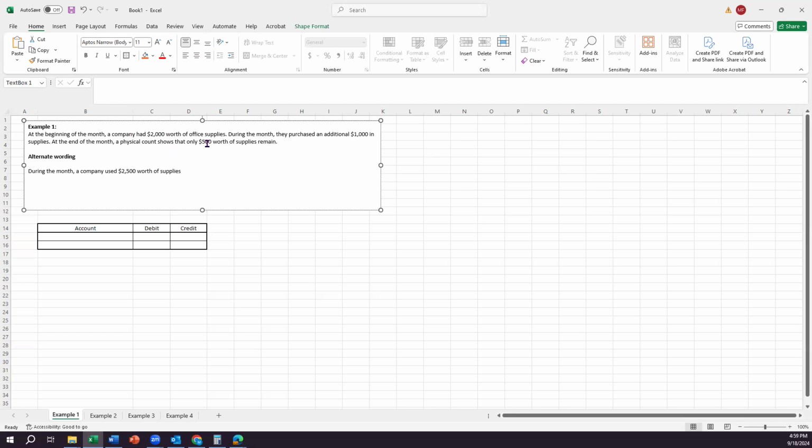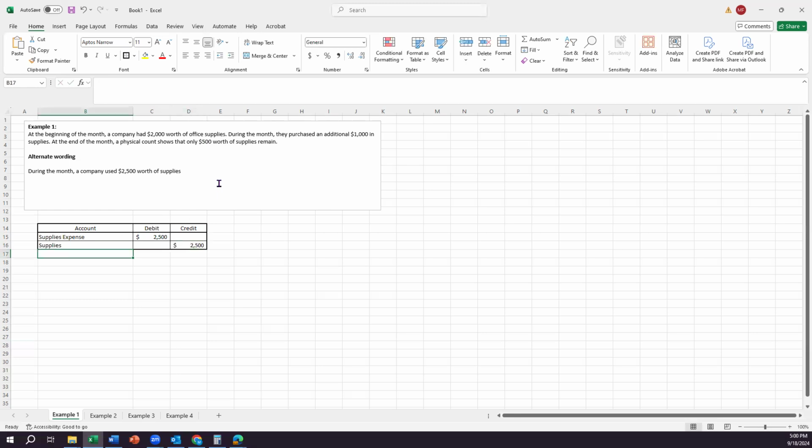So if we say 3,000 available minus 500 left, we must have used up $2,500 worth of supplies. So then we do our adjusting entry. We do a debit to supplies expense of 2,500, and we would do a credit to supplies, the asset, for 2,500. So that's not too bad.